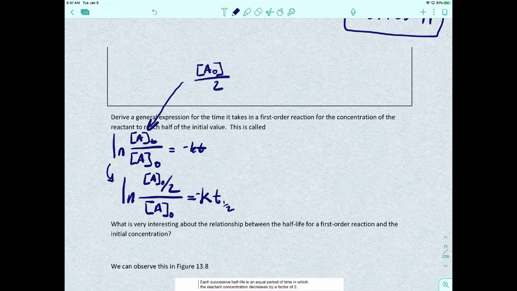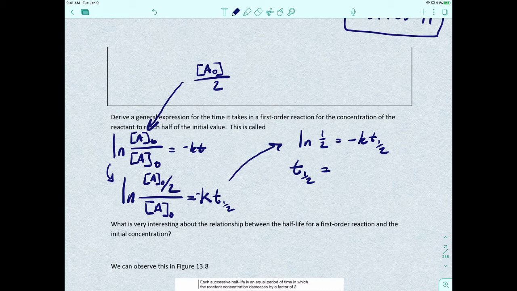So if we rewrite this, you're going to have the natural log of 1/2 is equal to negative k t1/2.